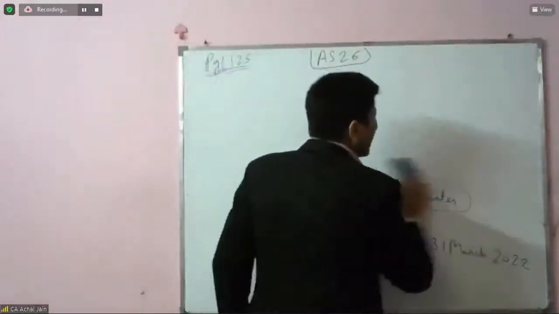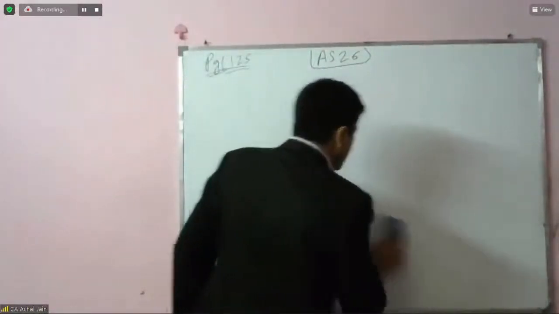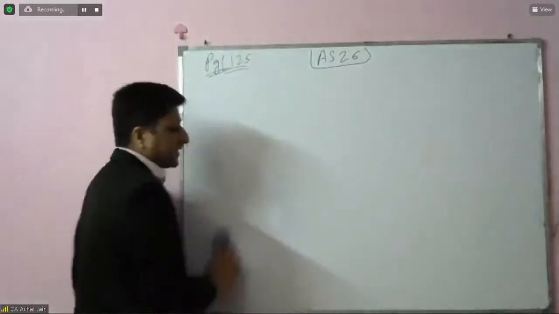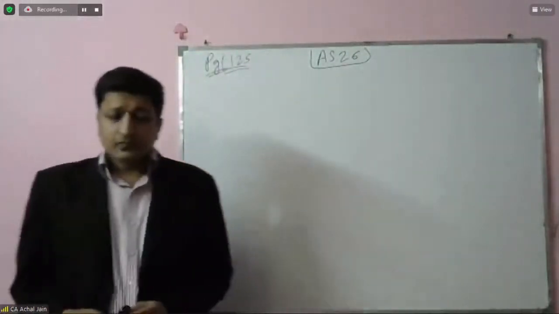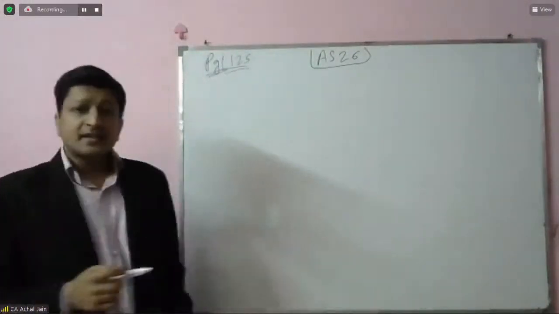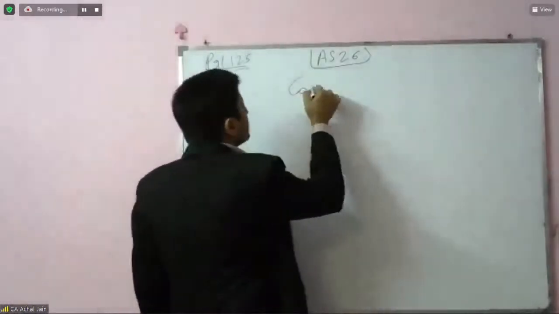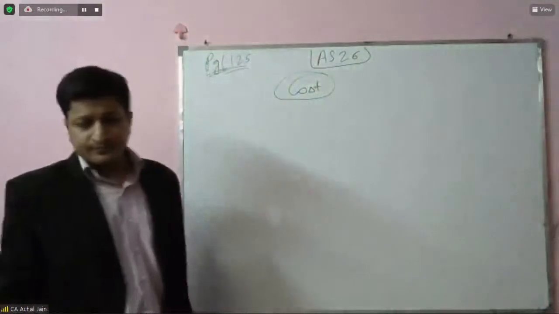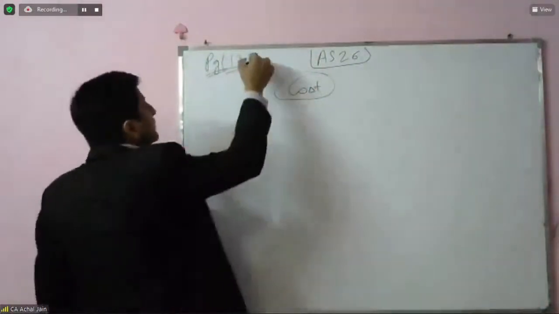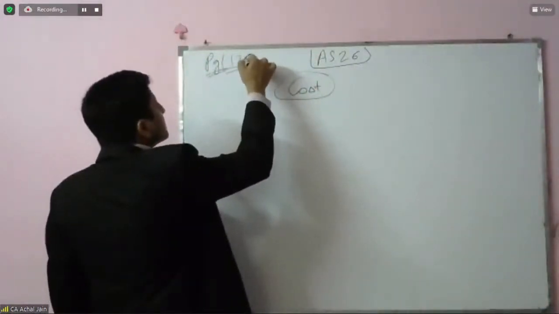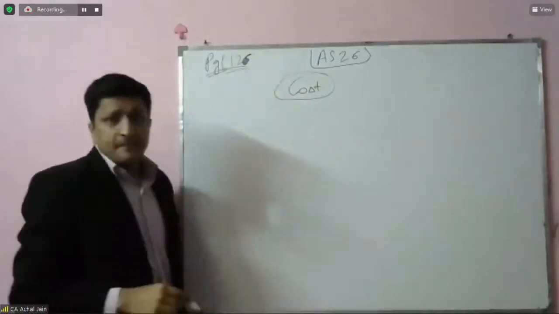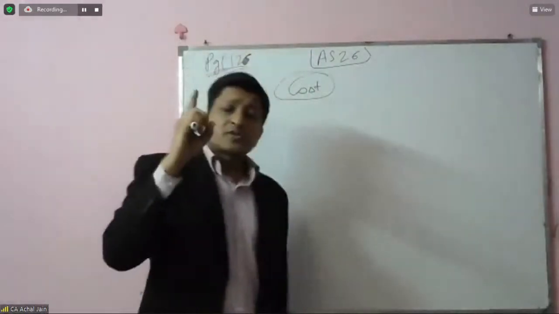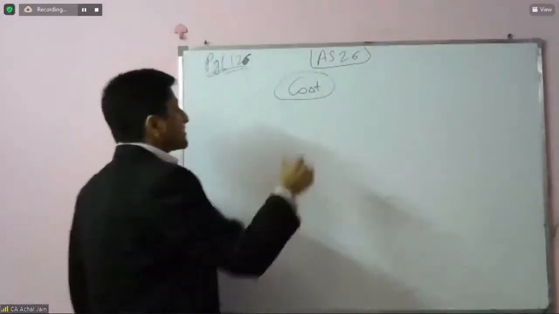So this one again is similar to what we would have seen under PPE. Cost at the time of initial recognition, what does it include? You can go to this page. This includes first component as purchase cost.